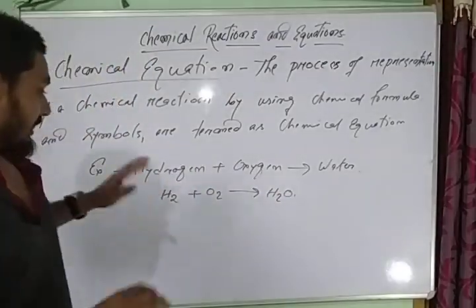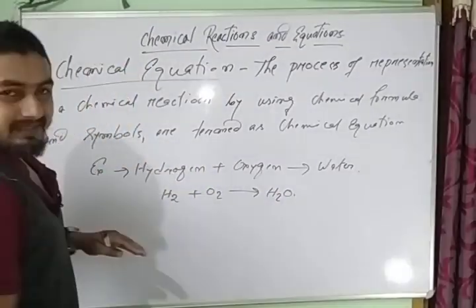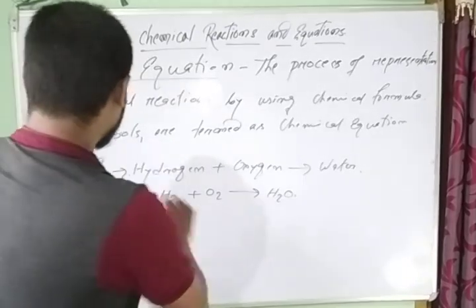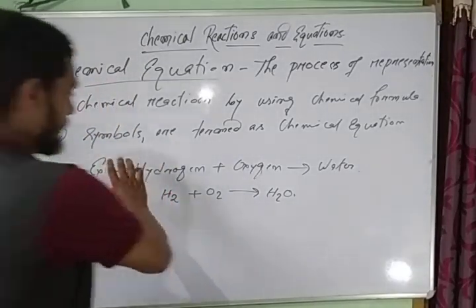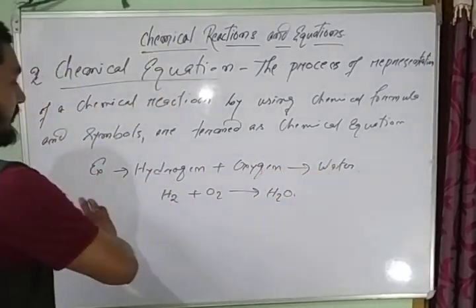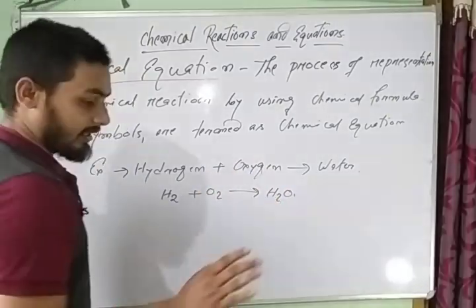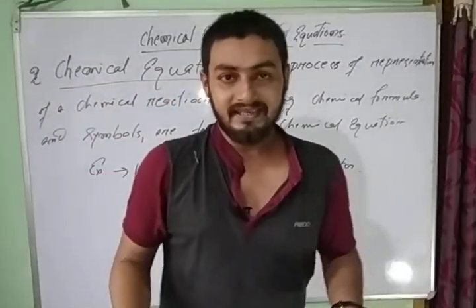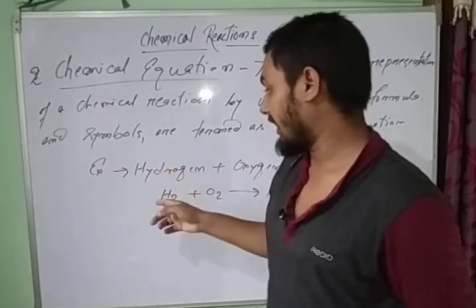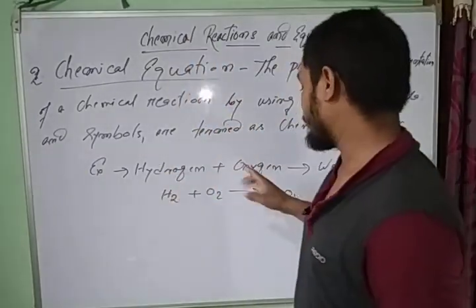It will be quite long if we write all these things here. To represent a chemical reaction between hydrogen and oxygen, if we use a sentence, we have to write that when hydrogen reacts with oxygen, it forms water.